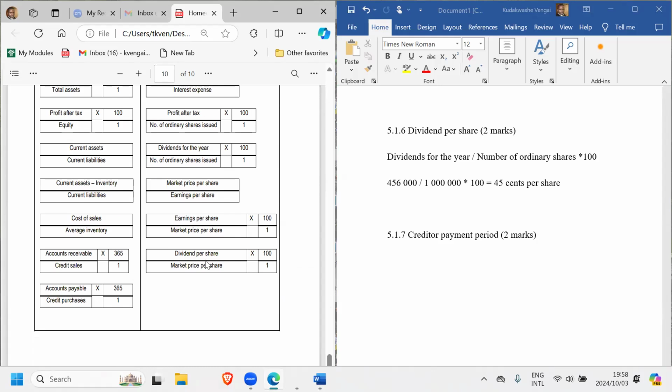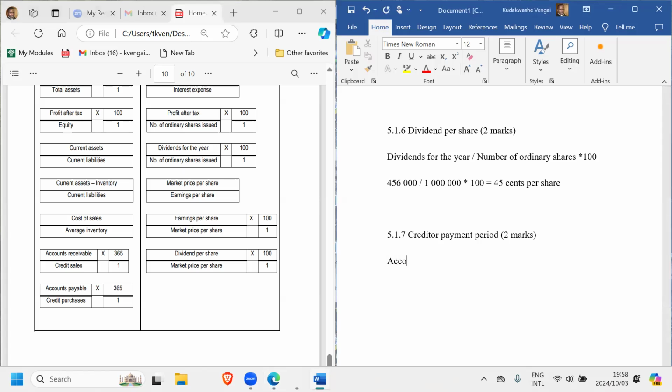Both of them are correct. Don't ask me why, but both of the lecturers are correct. So make sure you double check with the formula sheet for your particular exam what your lecturer wants, whether he wants 365 or 360. It will be there on the formula sheet of your exam. So in this particular case, we are using 365.